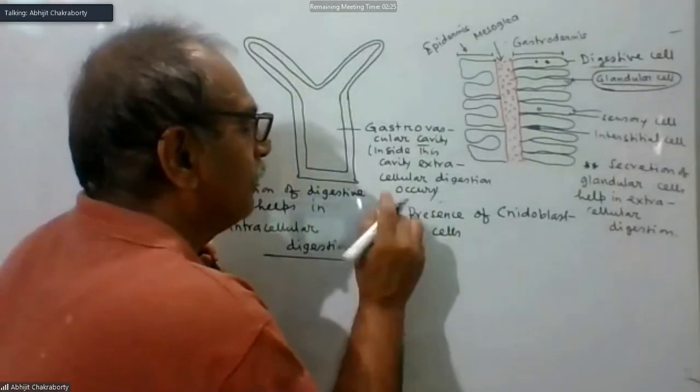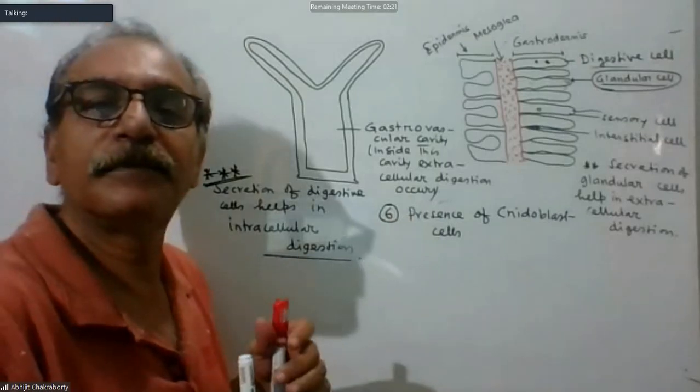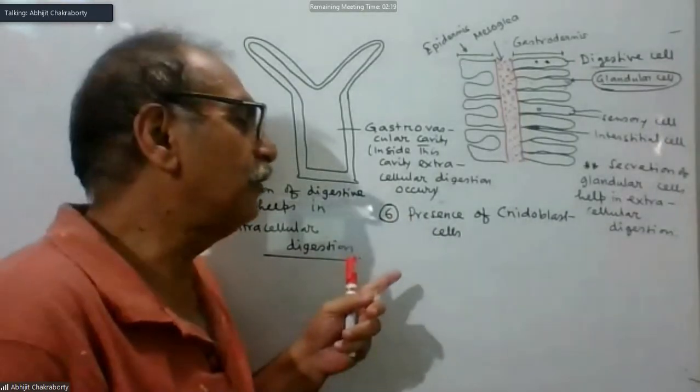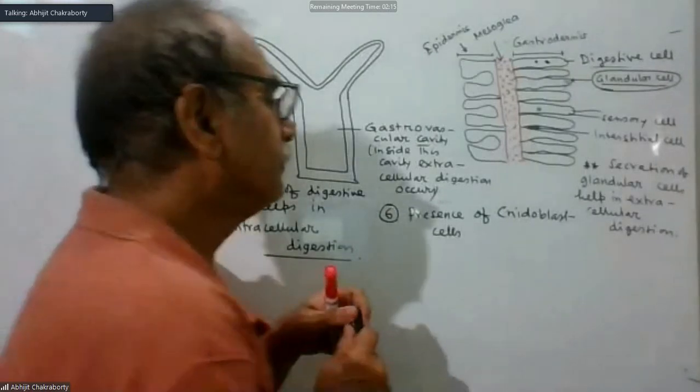Presence of pneumoblast cells. And due to the presence of pneumoblast cells, the phylum name comes Cnidaria.